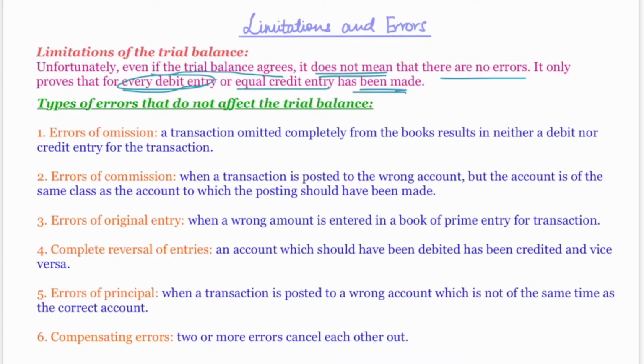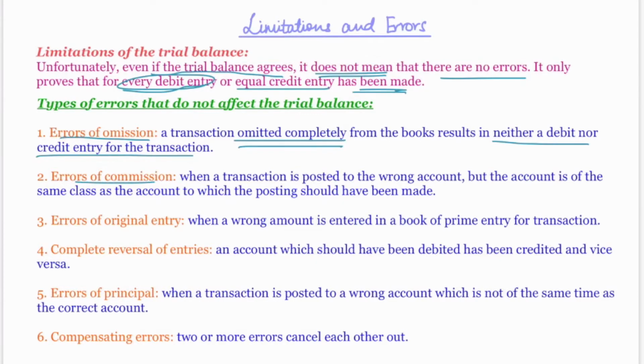Now, the types of errors are: first, error of omission. This is when a transaction is omitted completely from the books and it results in neither a debit nor a credit entry for the transaction. This could happen if a transaction is not entered in a book of prime entry itself.